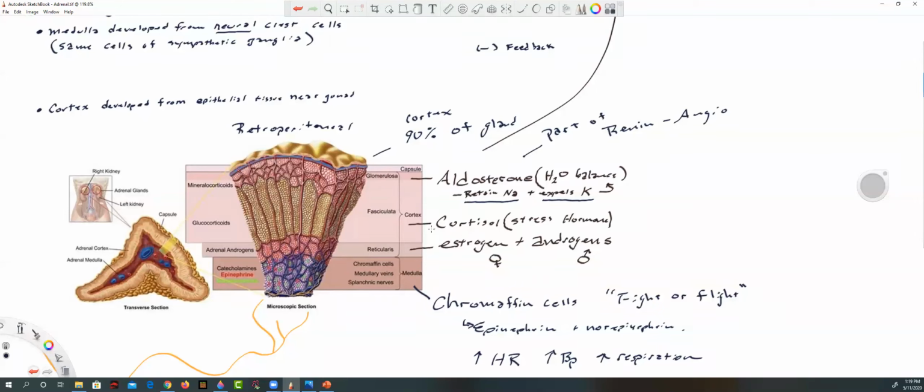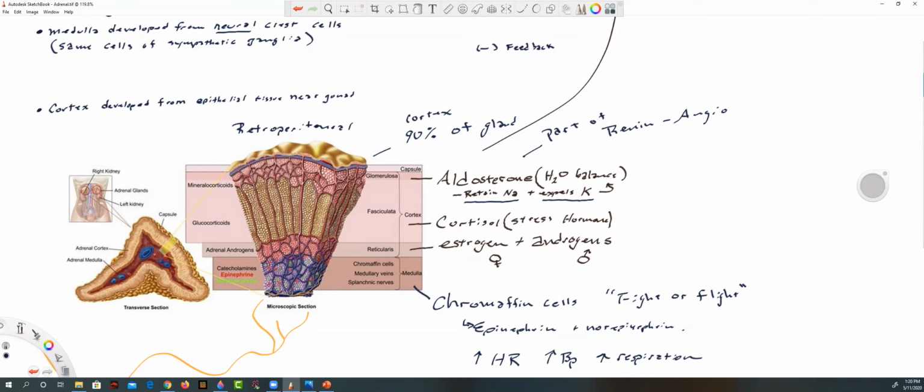And the next one is cortisol, and that's in the zona fasciculata for the most part, and that's where your cortisol comes from. So that's a stress hormone. Some cortisol is good. Lots of cortisol over a long period of time is bad. It'll make you go bald.